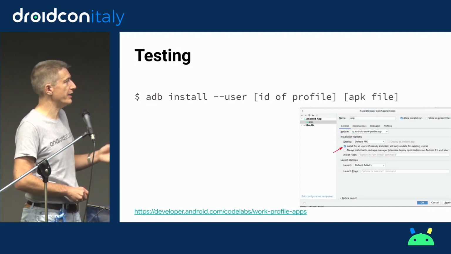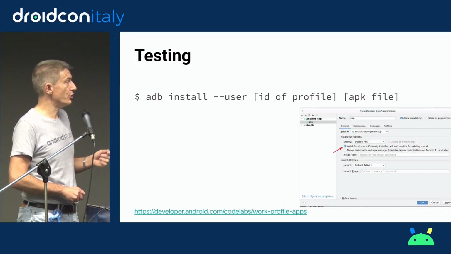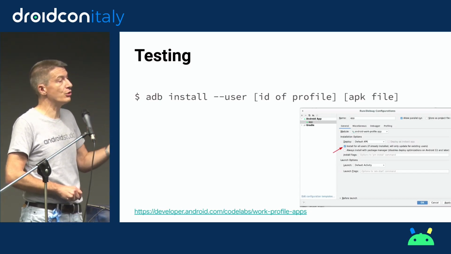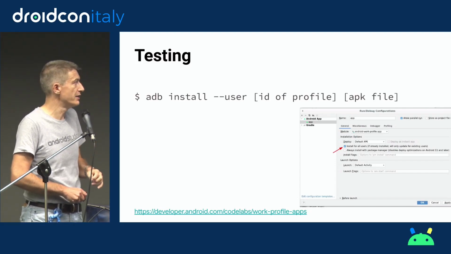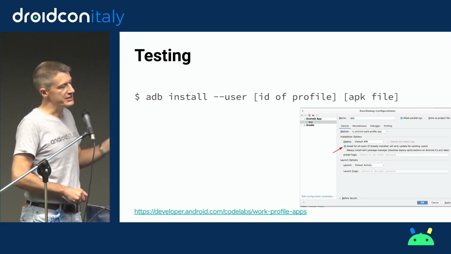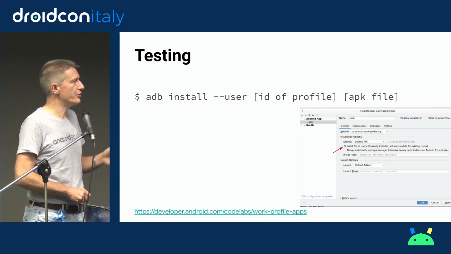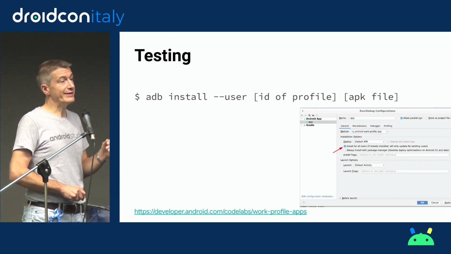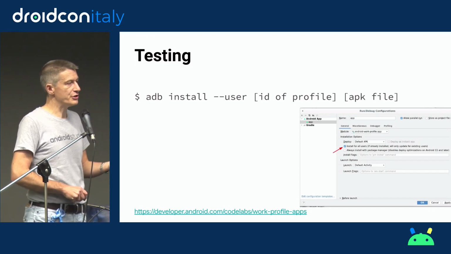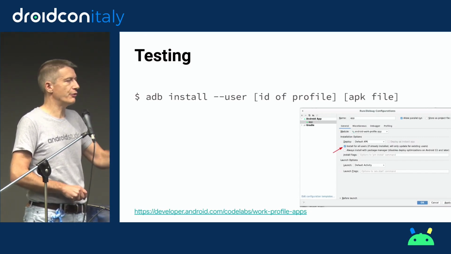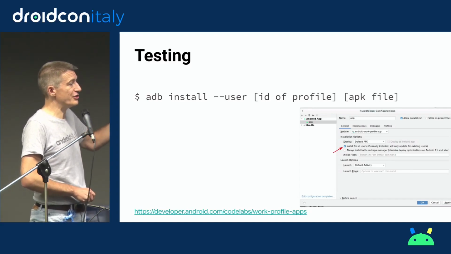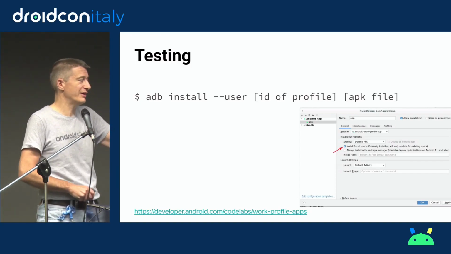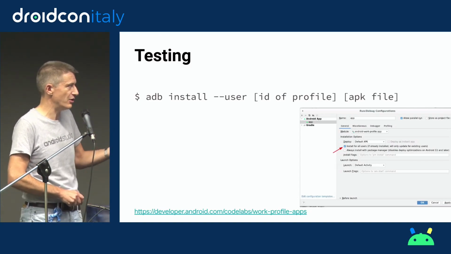One thing you can do in Android Studio is change the configuration to install the application on all the users that are on the device. In this way, you can skip ADB and use Android Studio. Just keep in mind that when you launch from Android Studio, it's going to launch by default in the personal profile. So for the things that we see in this demo, in this presentation, you then need to launch the work profile instance of the application.